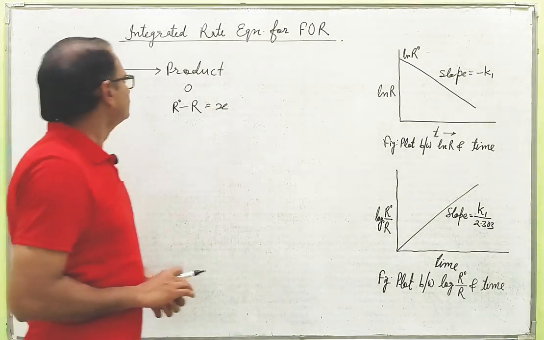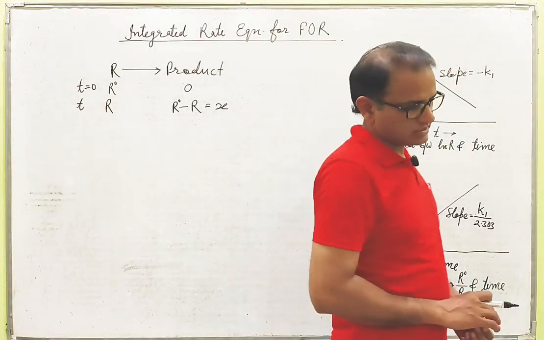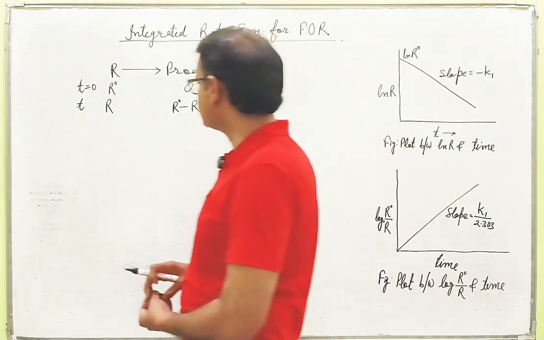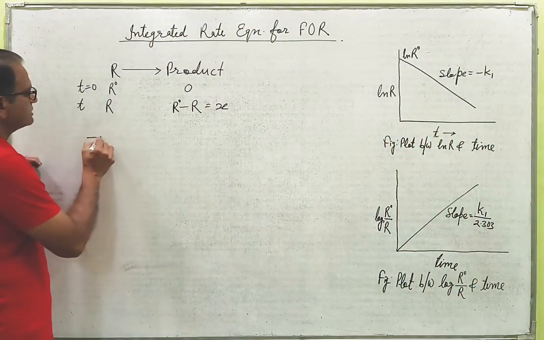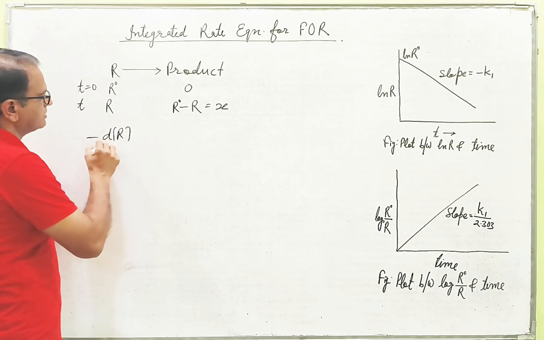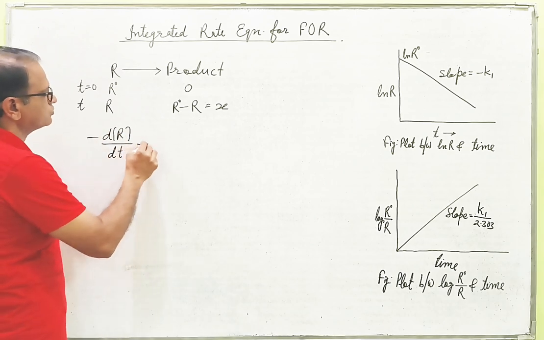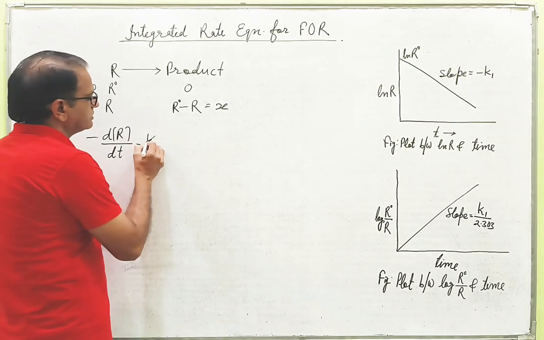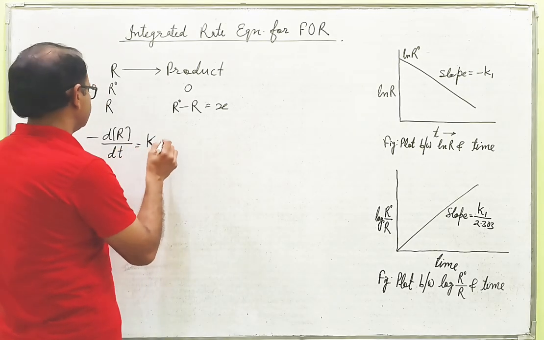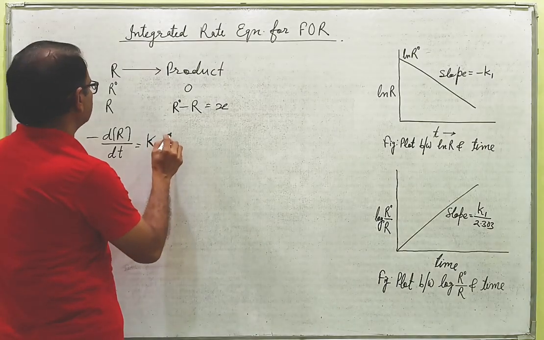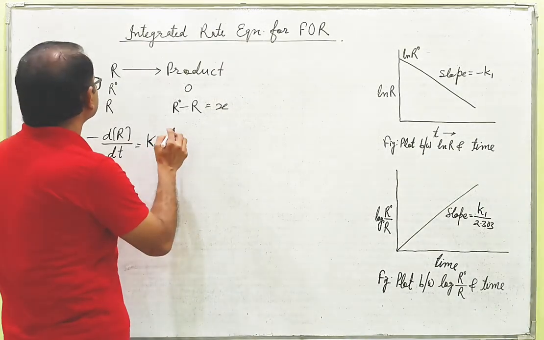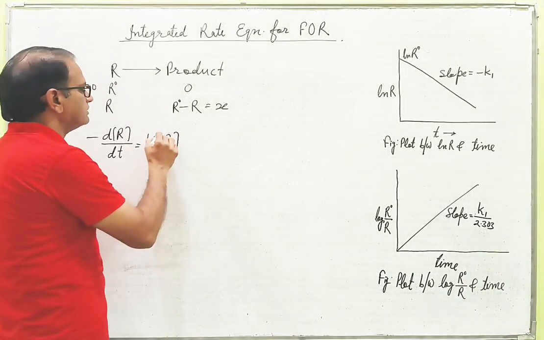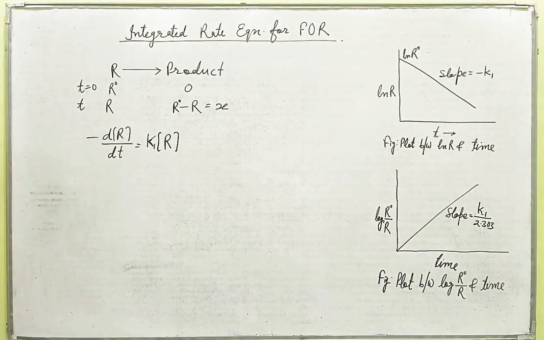For that we have to consider the integrated rate equation for this reaction. So let us first take the differential rate equation, and that will be equal to minus dR upon dt is equal to k1 R. K1 is the rate constant for first order reaction, and R is our concentration at time t.